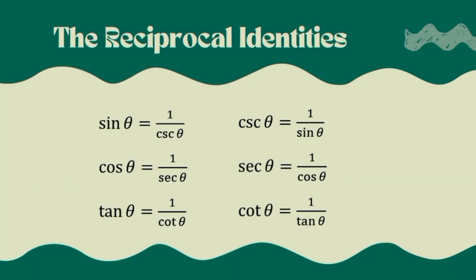Each trigonometric function has a corresponding reciprocal function. Specifically, the sine function is the reciprocal of the cosecant function, and vice versa. The cosine function is the reciprocal of the secant function, and vice versa. And lastly, the cotangent function is the reciprocal of the tangent function, and vice versa.